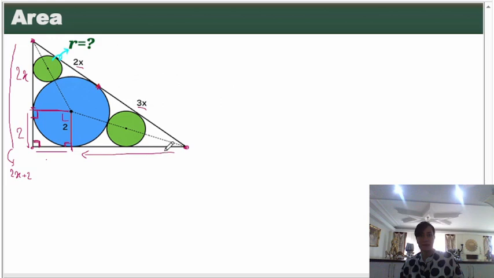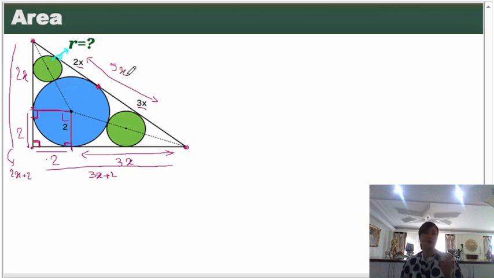So this side would be 3x as well. So this side is 3x. As I find here, it would be 2. So this side is 3x plus 2. How about the hypotenuse? Hypotenuse is 3x plus 2x, which is 5x.